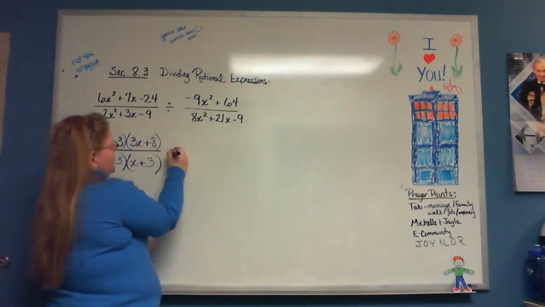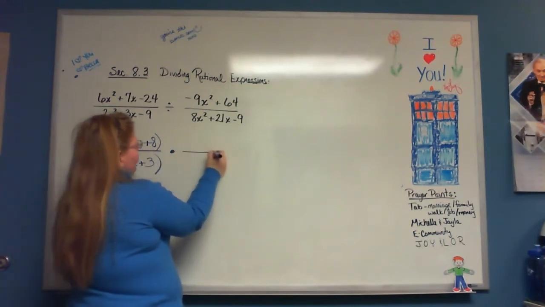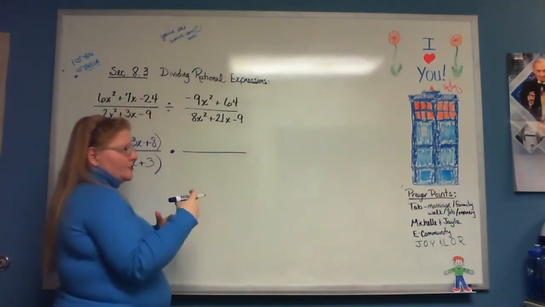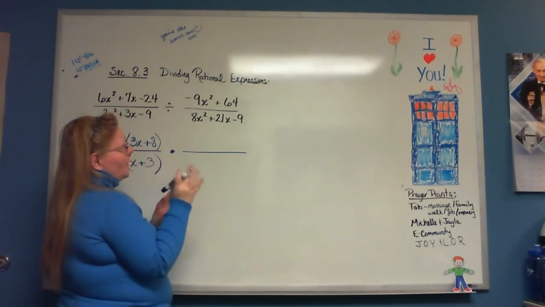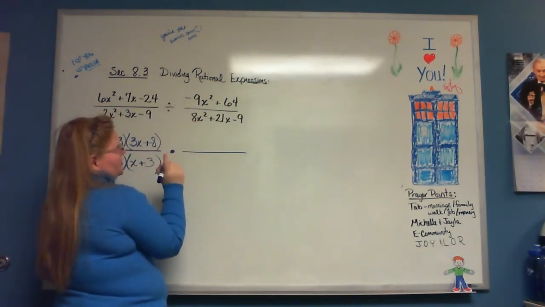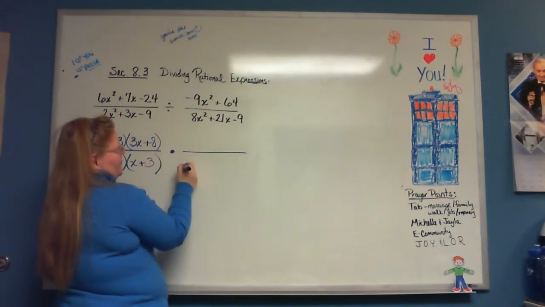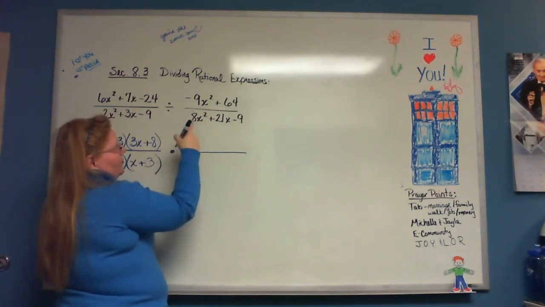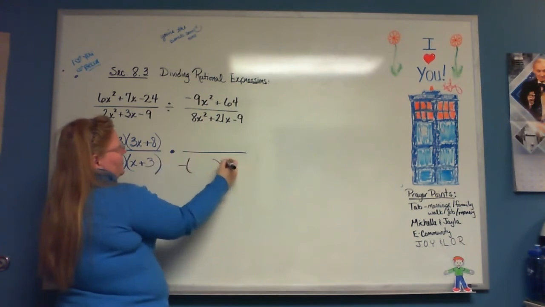Change that to multiplication. When you factor this one, make sure you flip it while you factor it. So for this up here, the first thing I'm going to do is take out a negative. So I'm left with positive stuff.